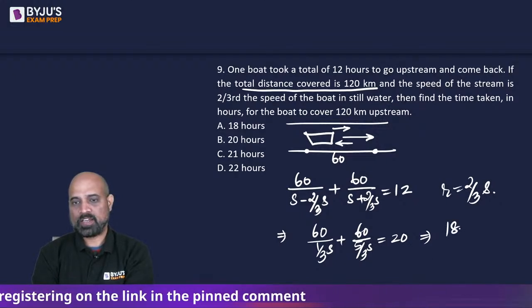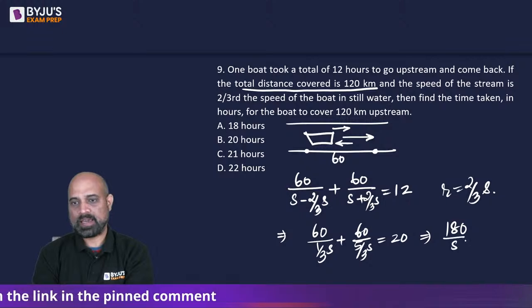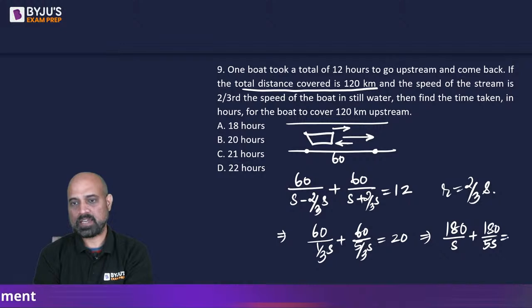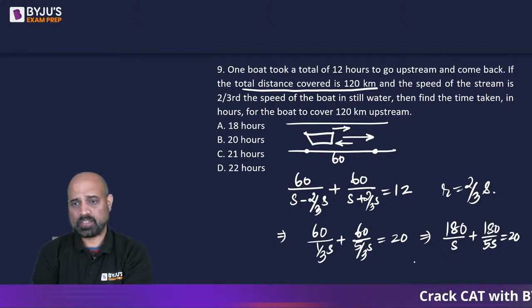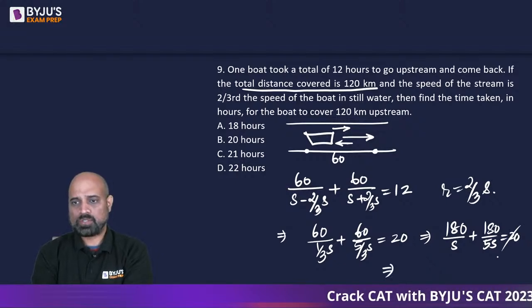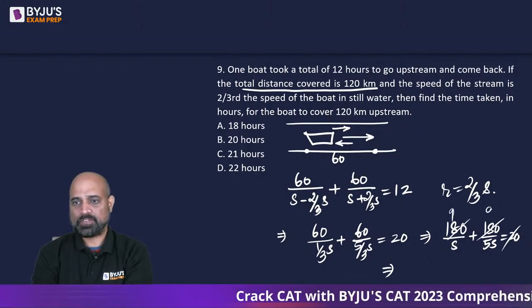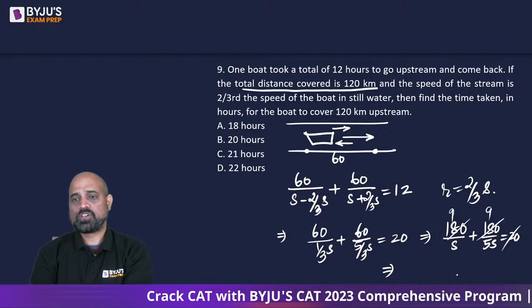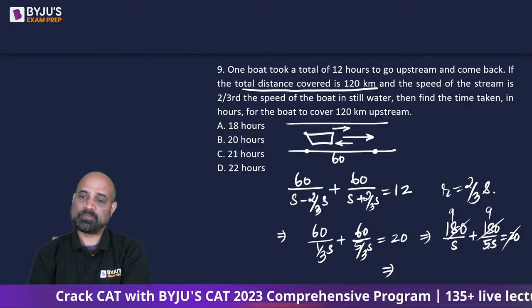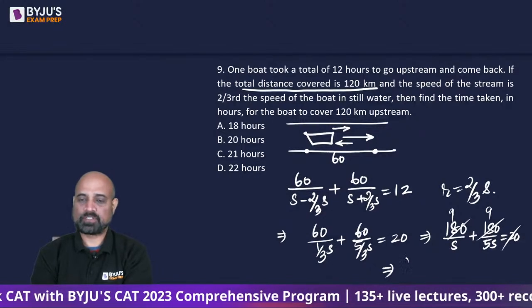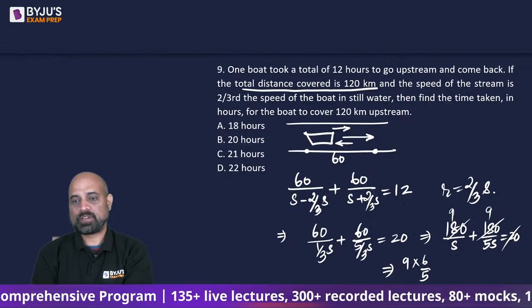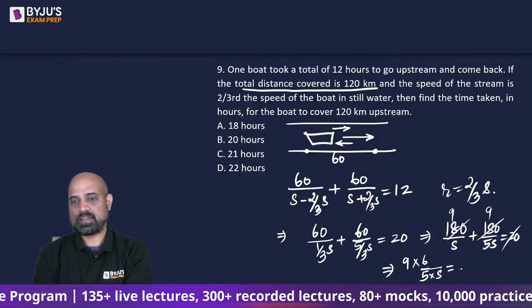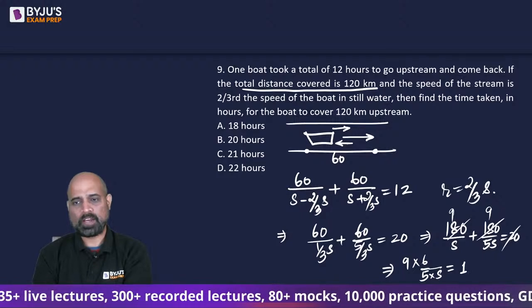We will have 180 by S plus 180 by 5S, and that gives us 20. We can take care of 20 and 180, कोई दिक्कत नहीं है. So 20 and 180 they go away, we will have 9. So 9 plus 9 by 5, so this will give us 9 times 6 by 5, and we will have S, and this is going to give us 1 here.